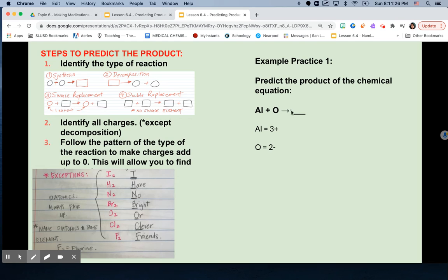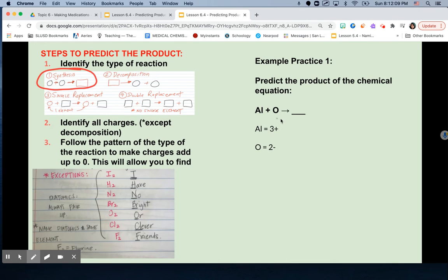It starts out the same, but at the end, there's no plus something. So it's not this one. Something plus something, arrow, one thing. So this is a synthesis reaction, right? So what this basically means is these 2 things are going to combine into one thing together.